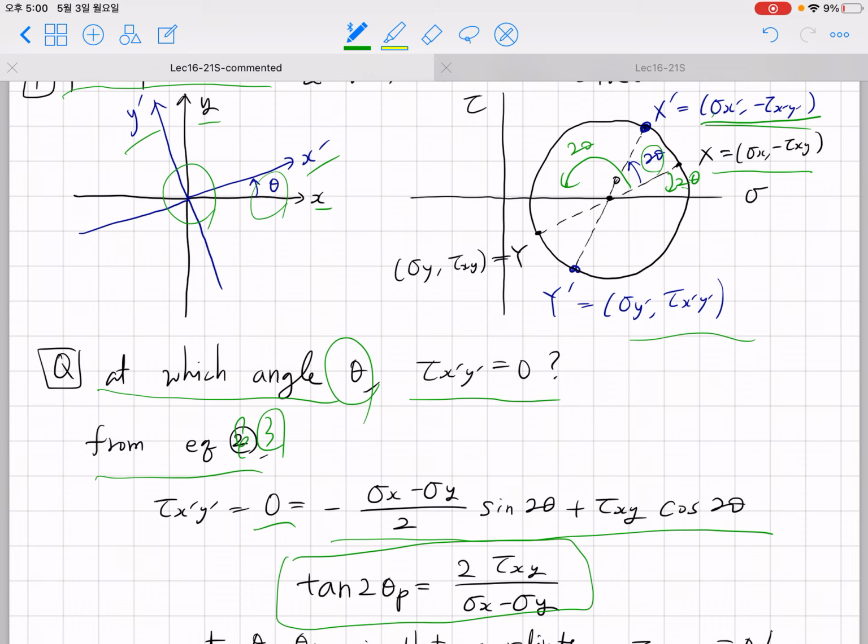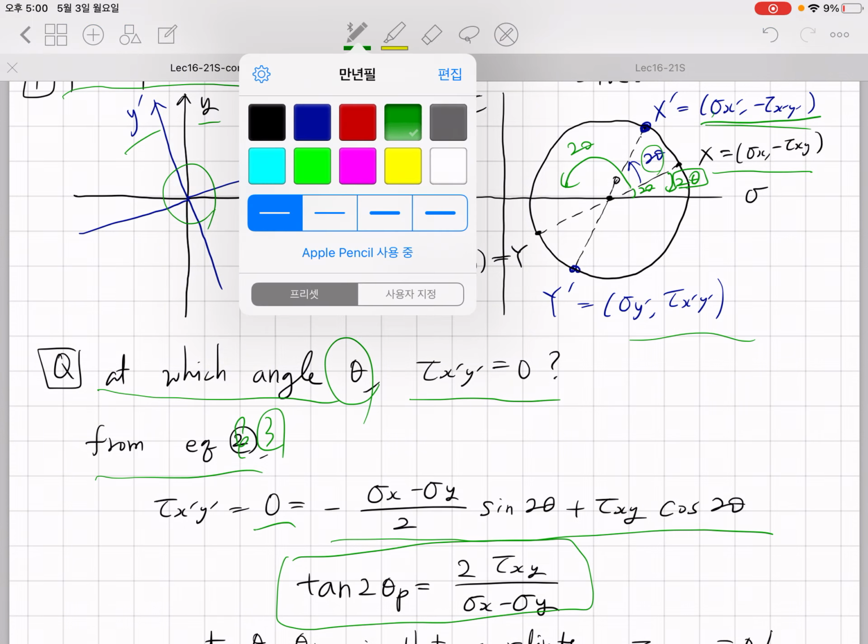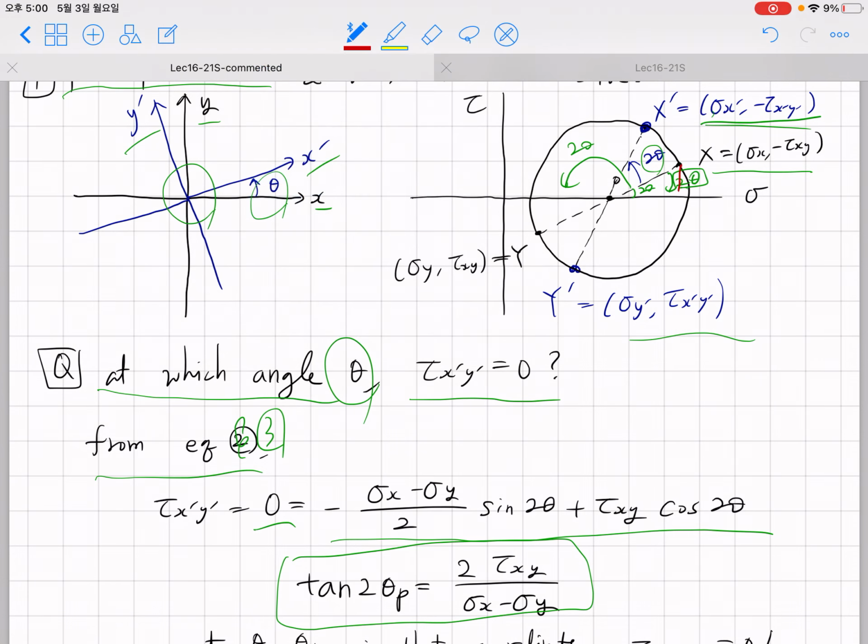And actually, if you look at this 2 theta angle, what you can find is that the length of this side is sigma x minus sigma average, which is sigma x minus half of sigma x plus sigma y, which is sigma x minus sigma y divided by 2.